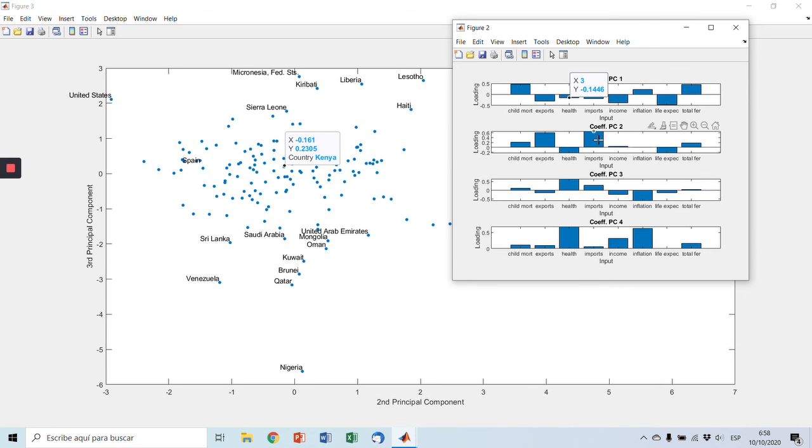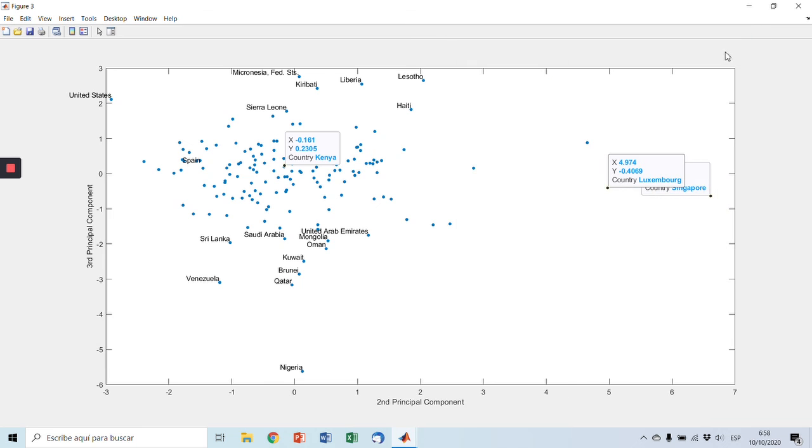It was, if you want to project low, you need to have bad health and high inflation. So countries like Nigeria fulfill that. And then on the other side, you have countries like Liberia. Liberia has much better health and much less inflation. So sometimes these relationships are a little bit surprising.